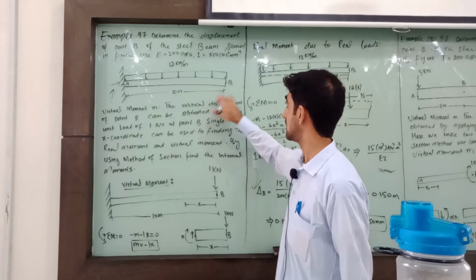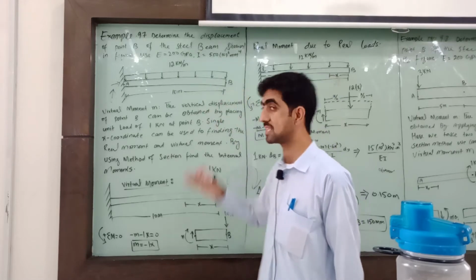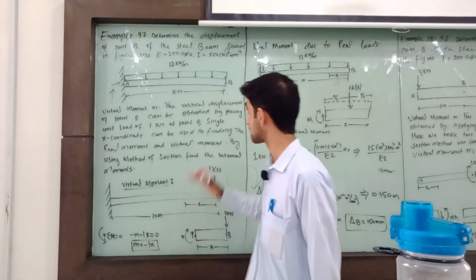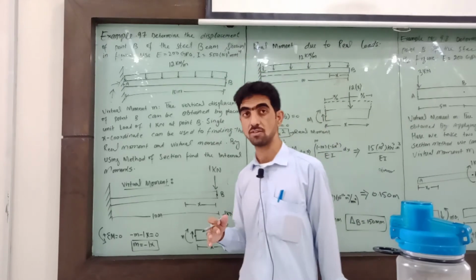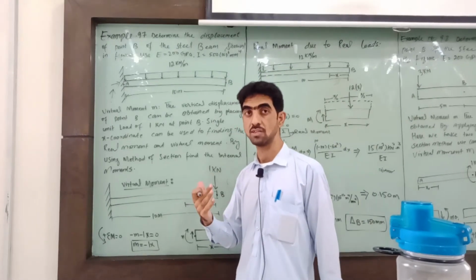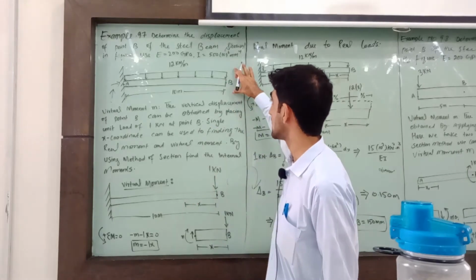The other side of this beam is free. Free means that if we apply a load on this side, the beam can easily rotate.